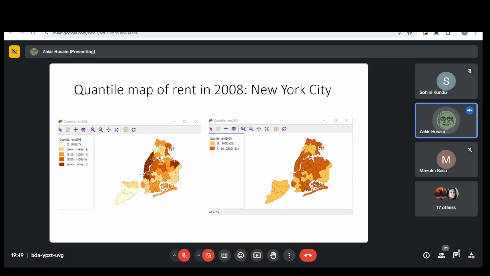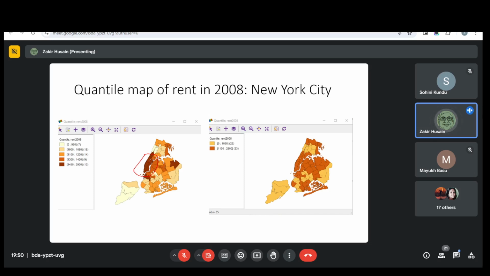So today we are going to go back to the New York City data, NYC data, and we have plotted rent in 2008. And you can see on the left hand side, we have a quantile map with 4 categories. And you can see that this is the Manhattan region.